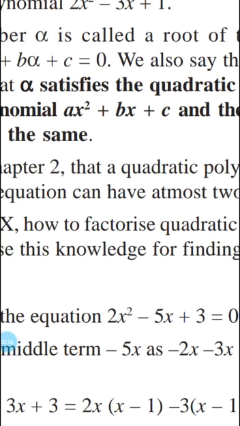Do you understand what we say? Zeros of the quadratic polynomial and the roots of the quadratic equation. Again I am repeating, zeros of the quadratic polynomial and the roots of the quadratic equation are the same. Is that okay? Now on the basis of that, we will solve some questions.